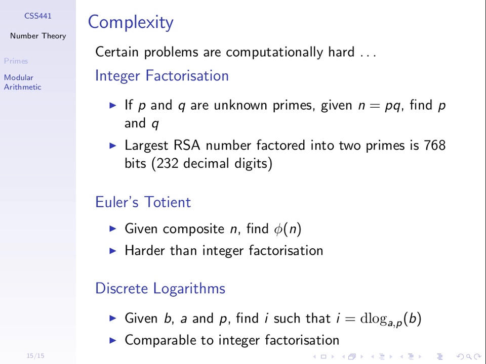The other thing that's hard to calculate, Euler's totient. Given n, I give you n, find the totient of n. Assuming n's not prime, it's composite, find the totient of n, and that's considered hard to solve if n is large enough. Harder than solving factorization, in fact.